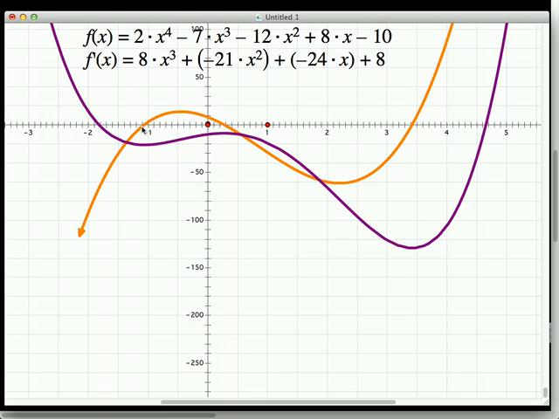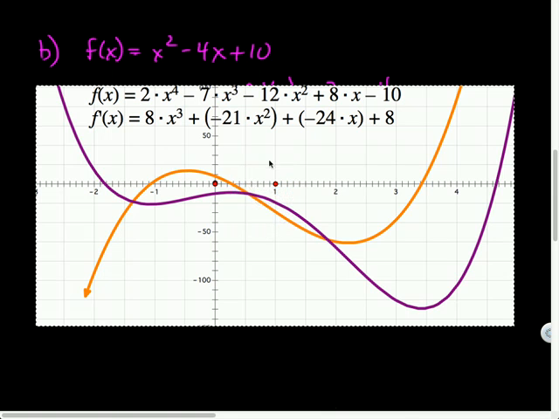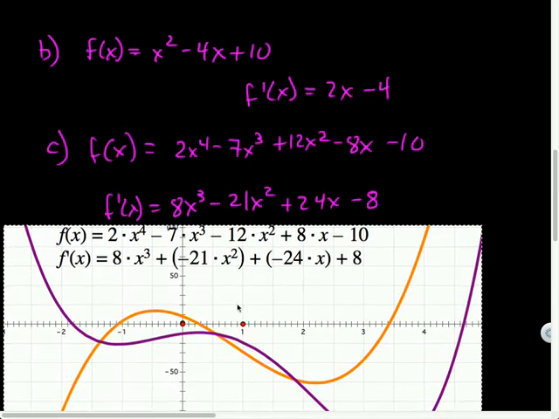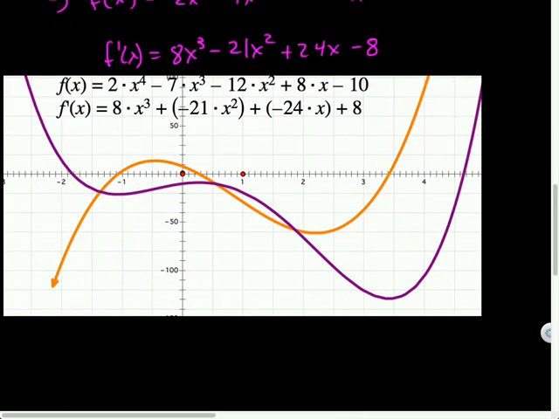What about the x-intercepts of the derivative? What do those coincide with? The peaks and the highs and lows. Right, those coincide with the minimum and maximum, those critical points. So notice if I line up this x-intercept right here, actually that's not a very dark color.